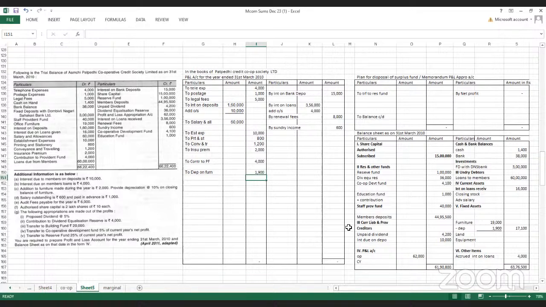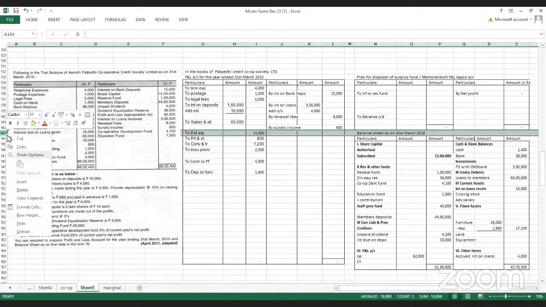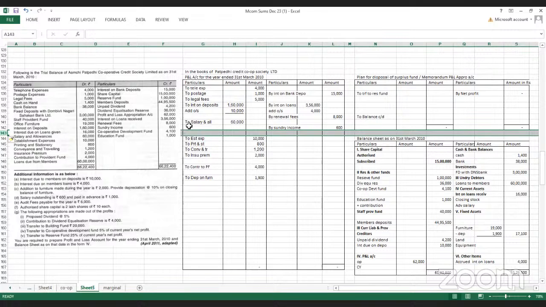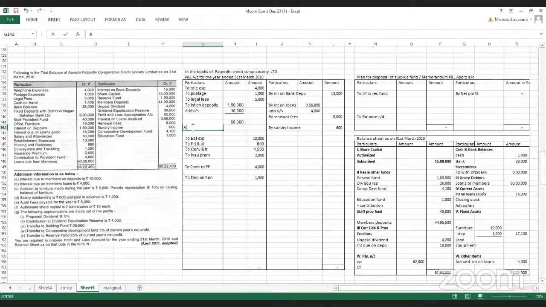Next one, salary outstanding 600 and paid in advance 1,000. So outstanding we have to add with salary. Salary. I have to add one more line here. So add outstanding and less advance, right? So how much is outstanding? 600 will be added and 1,000 will be subtracted. Okay.